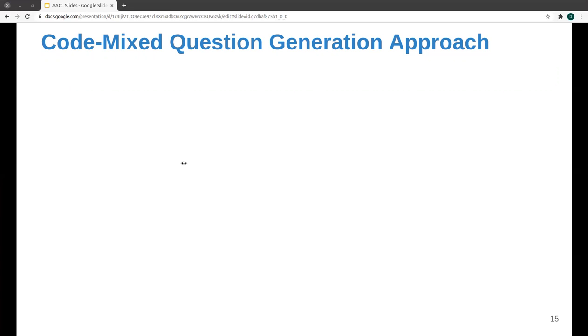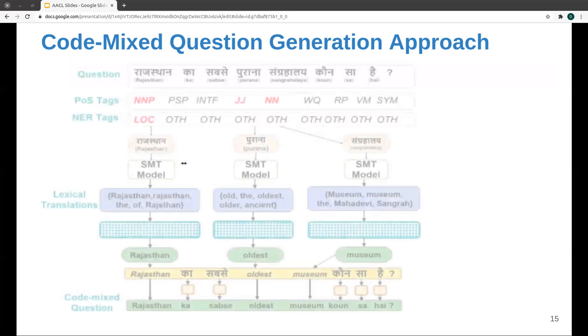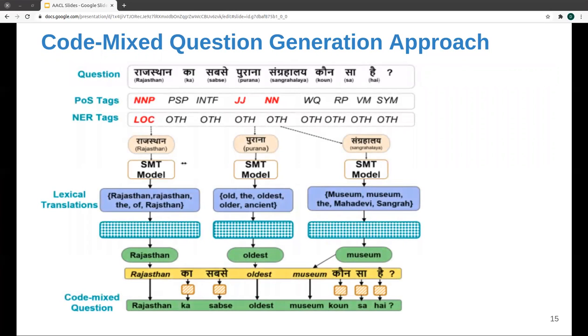Thereafter, we use our earlier work to create the code mix question from the translated Hindi question. According to the approach, given a Hindi sentence, first we get the part of speech and any add tags. As you can see in this example, there are certain part of speech and any add tags which qualify to be translated and others will remain the same in their corresponding transliteration.